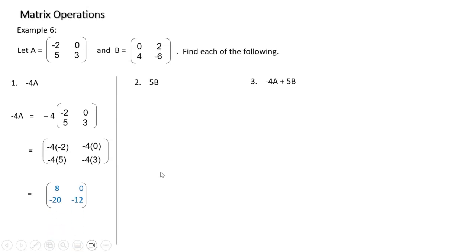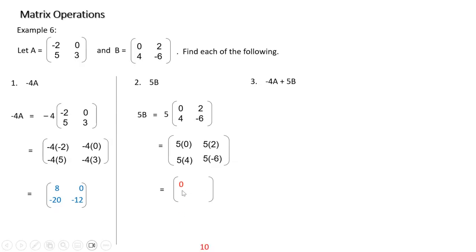Now let's do number 2, 5B. It means 5 times every element in matrix B. 5 times 0, 5 times 2, 5 times 4, and 5 times -6. The result will give us 0, 10, 20, and -30.